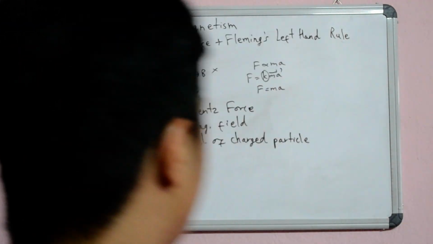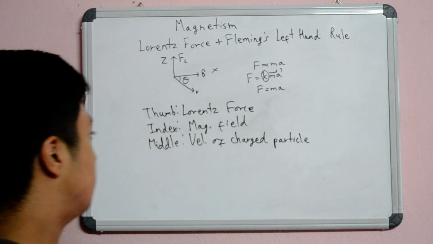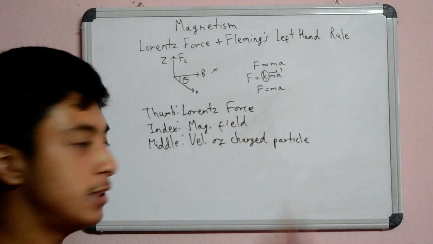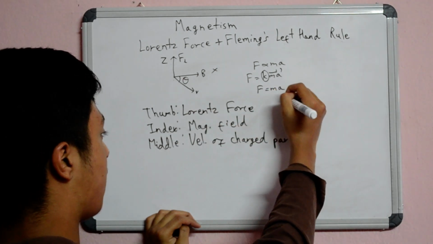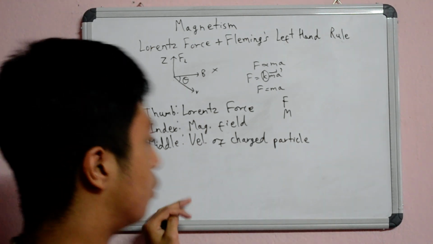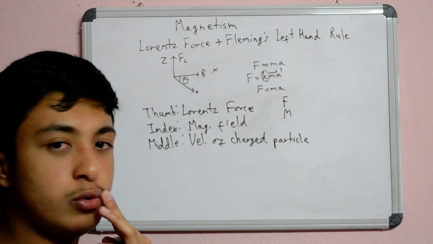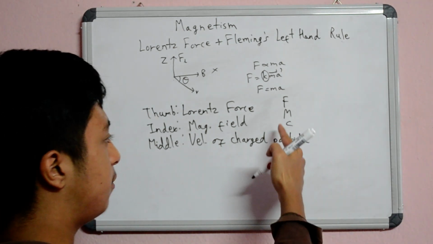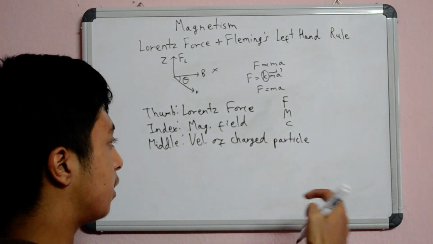Now, if you want to remember this, you can find some acronyms online, but the widely known acronym to remember this is, well, you have the force F, and you have the magnetic field M, and you have velocity of charged particle, so we think V. You can actually do V, but I like C, C for charge and velocity of charged particle.